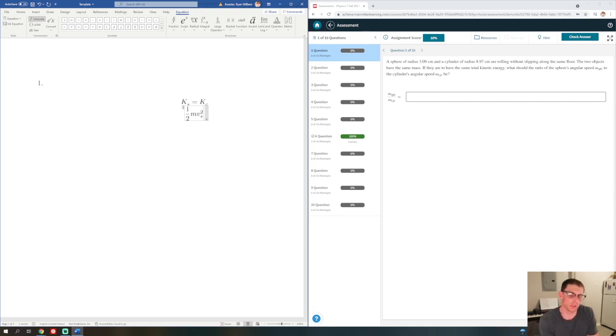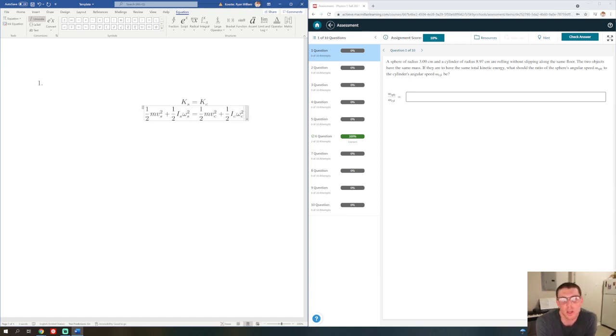So this is what we do. It's 1/2 I for the sphere, omega of the sphere squared. And then the other part of this is just equating this to the stuff for the cylinder, which looks like this.